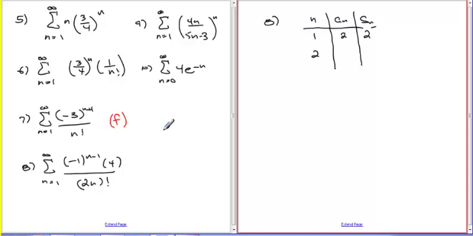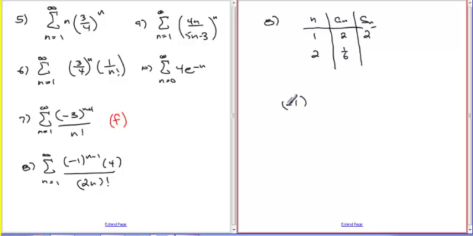Okay, the next one, probably what happens is the reason this doesn't become negative is because the second term is fairly small. So you can see when n equals 2, we get -1 to the 1 power, which is -1. Then we have 4 divided by 2 times 2, since n is 2, so we get 4. 4 factorial is 4 times 3 times 2 times 1, that's 24. So we get 4 over 24, which is 1/6.